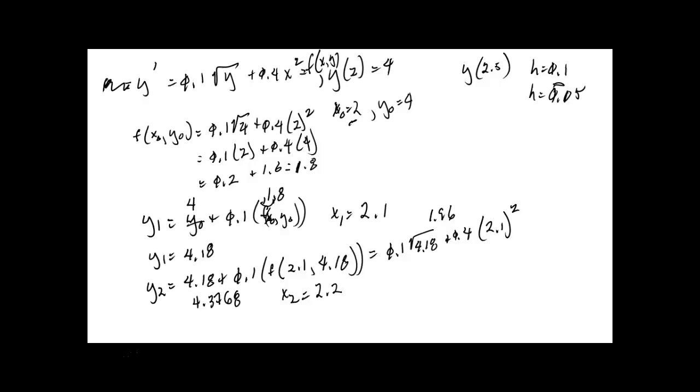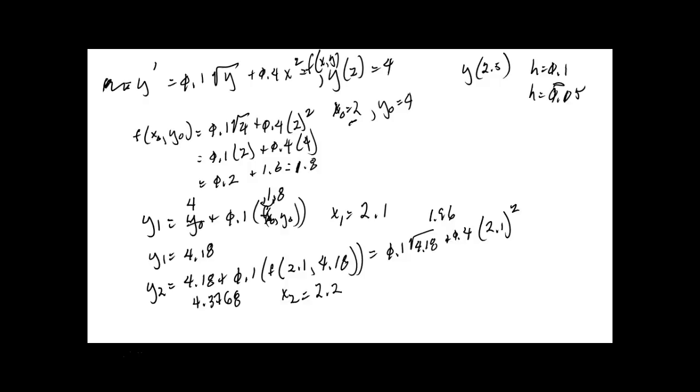We'll leave those digits. Then you jump this up another one. Then you plug this into here again, this in there, do that calculation again. That gives you that. When you get an answer there, probably a little bit more than 1.96, then you multiply that by 0.1, add it to that, and keep trucking. Okay? You put the X2, 2.2, into the equation, and 4.3768 here.